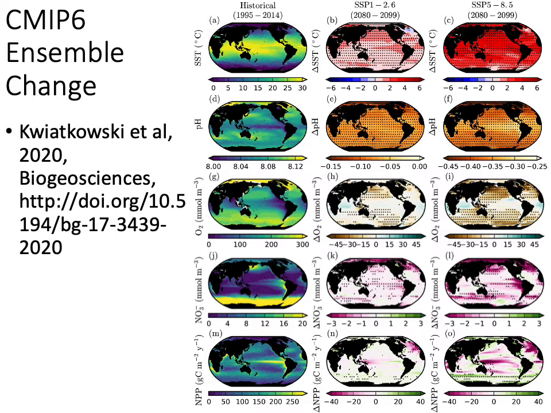But then as you get to questions of oxygen, nitrate, and productivity, there become many areas of the ocean for which there is not agreement in the sign of the change among the different models.